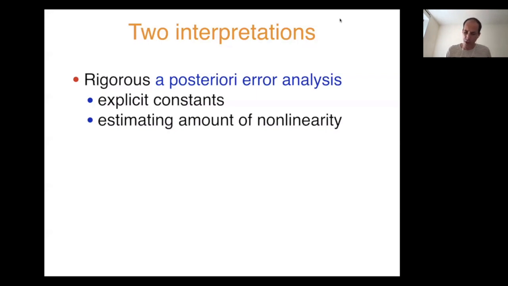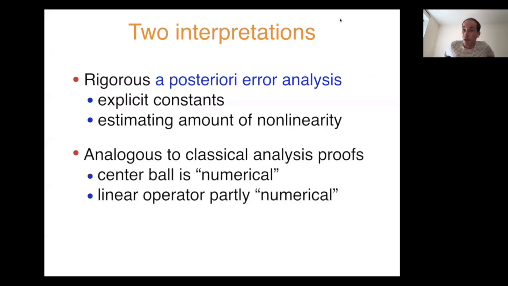And another interpretation that you may be very familiar with is that this is very similar to what you do in classical analysis proofs, and nothing to do with a computer at all. It is just that there what you usually do is you invert some operator really with pen and paper. And the center of your ball, where do you center your analysis?